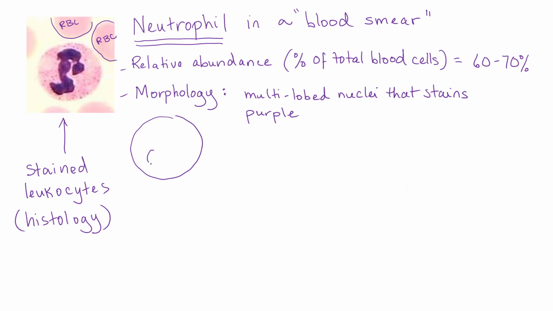So when we see it, we see all these multiple lobes to the nuclei, okay? And that would be stained purple.